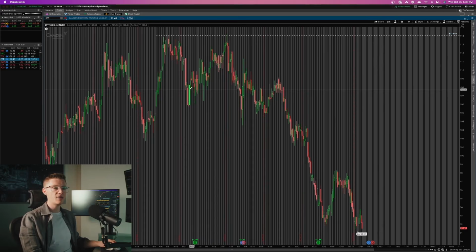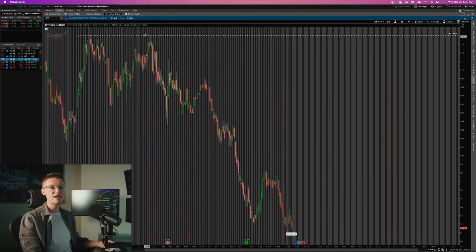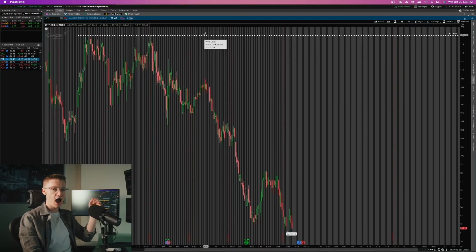We pulled back and then we ended up testing this 114.04 area of resistance again, and then we were rejected and continued selling off. So that just means we had 2 tests of this resistance level. And each time we test either a support or a resistance, it is going to further validate how strong that area is going to be or is going to act.